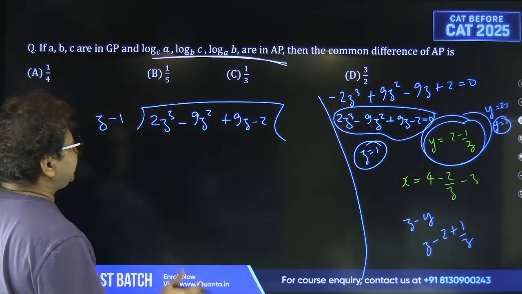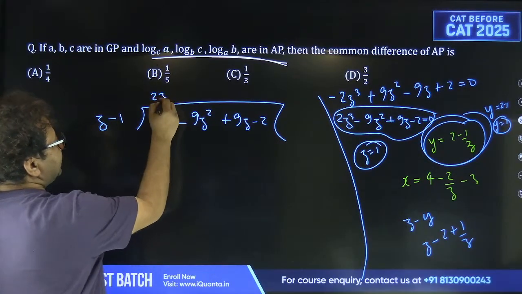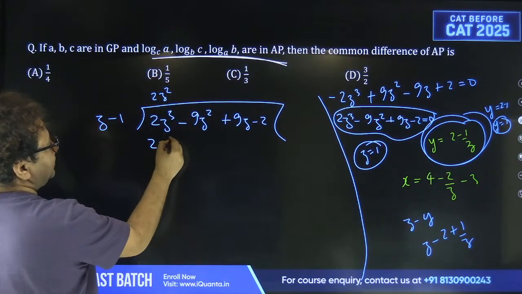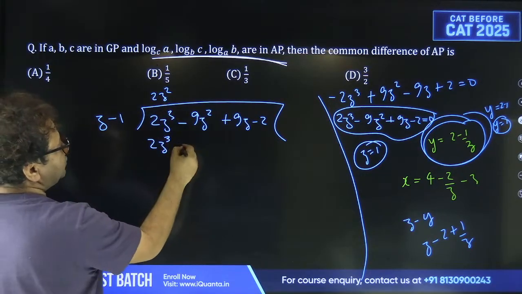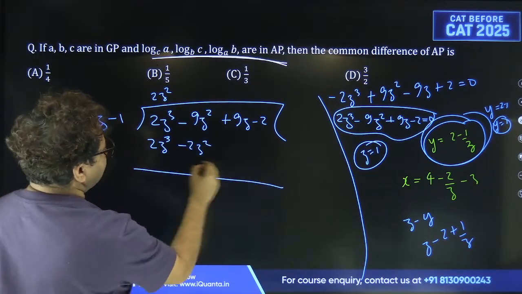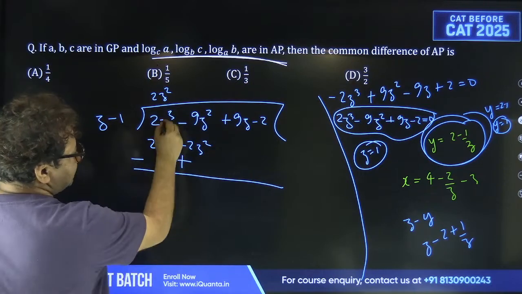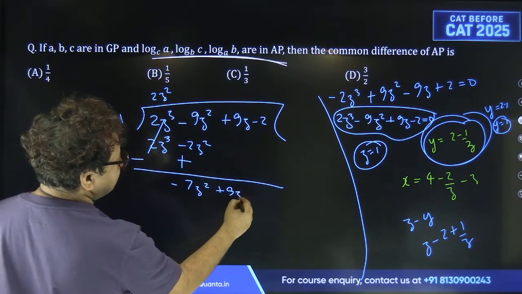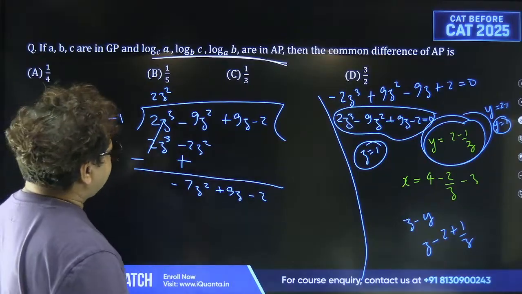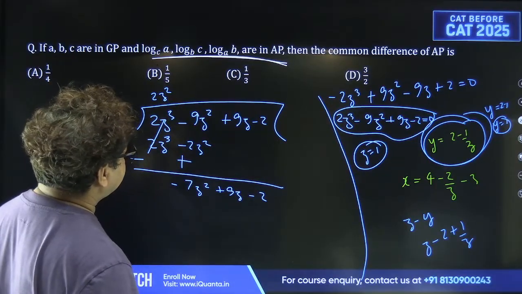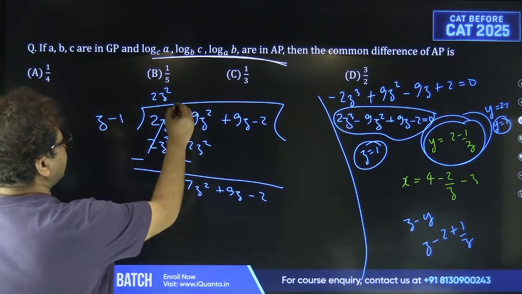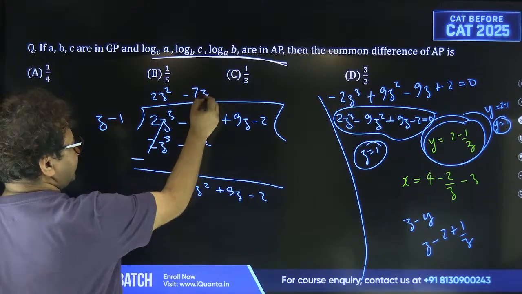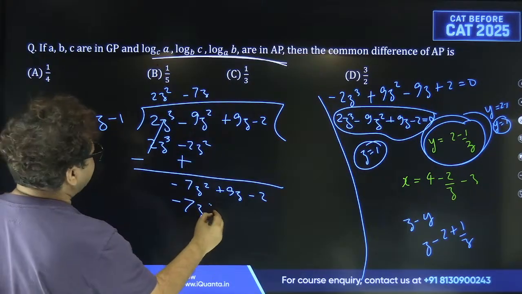Shahana, there is no simple method. 2z square, I'll get 2z cube here. Minus 2z square is what I have here. So minus and plus, this gets cancelled out. I'll get minus 7z square plus 9z minus 2. Okay, I can write minus 7z over here. I'll get minus 7z square.